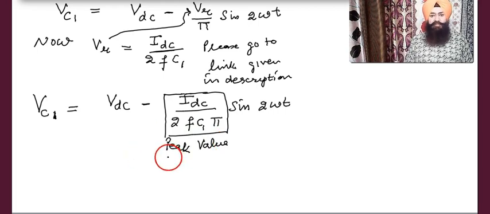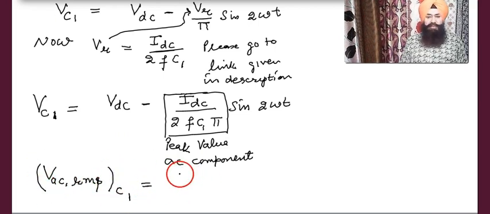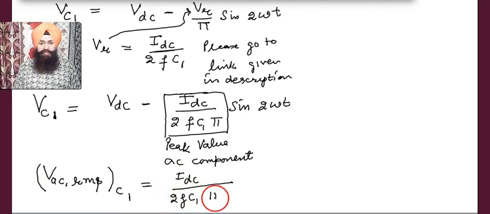This is the peak value of the sinusoidal, meaning AC components. So VAC RMS across the capacitor C1. This is the peak value, you know.